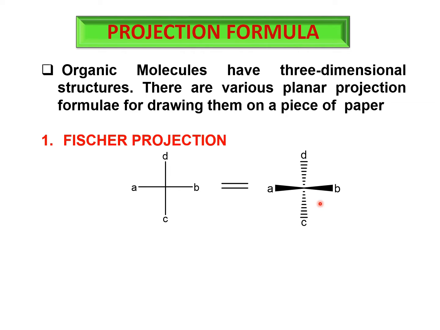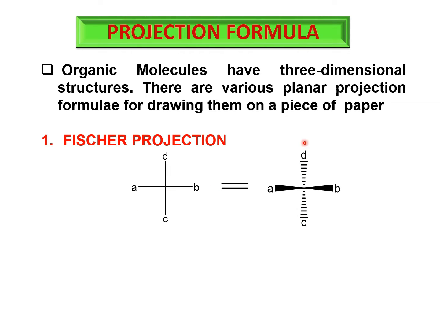This is just to tell you that anything drawn on the horizontal axis in a Fischer projection, in this case group A and B, always means that they are above the plane or they are closer to the viewer, they are towards you. So even if you draw it like this with a solid line in a Fischer projection only, it means that A and B are above the plane because they are drawn on the horizontal axis.